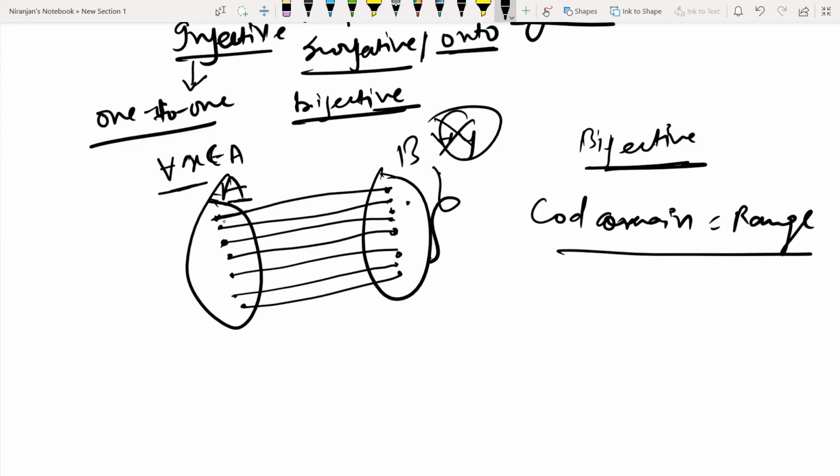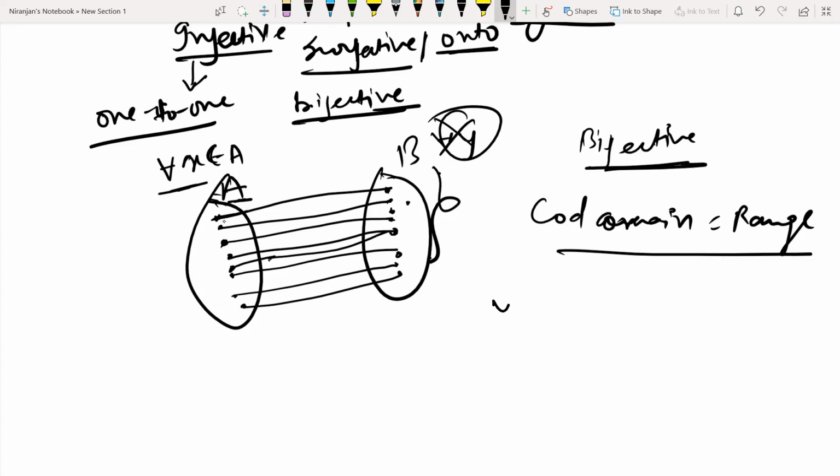When you say many to one, that means that if you have at least one element in set A which is also mapping to a particular element in B which has already been associated with an element in A. So what exactly is it saying? It is saying that if you have two elements in A that are leading to just one value.